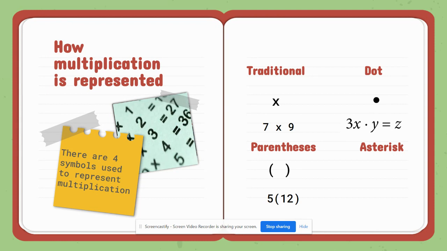You don't see addition, there's no subtraction, there's no division. It's 5 parentheses 12, end parentheses. So because there's nothing in between, that is symbolizing multiplication. That is the most common thing you are going to see. So please, please, please remember that. Keep that one in your brain.